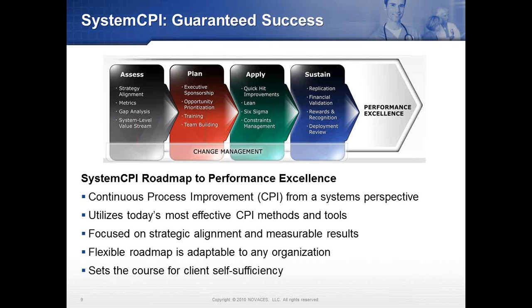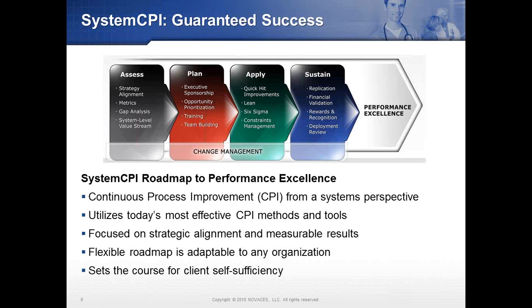It utilizes all of today's most effective continuous process improvement (CPI) tools and methods, including Lean, Six Sigma, constraints management, etc. Of course, it is absolutely line of sight linked to strategic objectives of the organization and produces measurable results, both measurable operational results such as reduction in length of stay, reduced readmissions, reduced throughput time or turnaround time in the emergency department. Those are operational improvements, and all of those operational improvements are linked to financial returns.